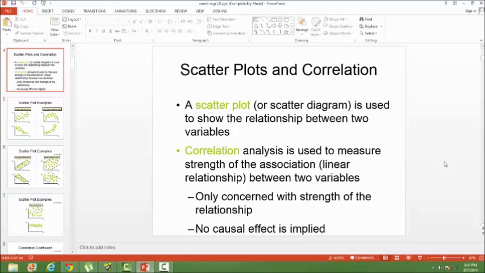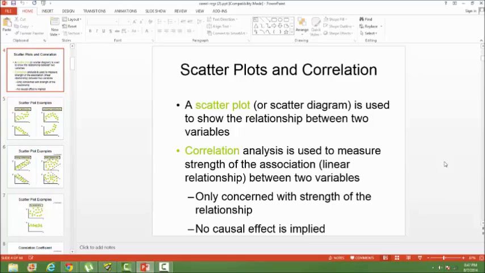So there can be situations where x and y are highly correlated, or there is a strong relationship between them, but neither of them cause the other. Or in some cases, one causes the other, but the other doesn't cause the first one: x causes y, but y doesn't cause x.